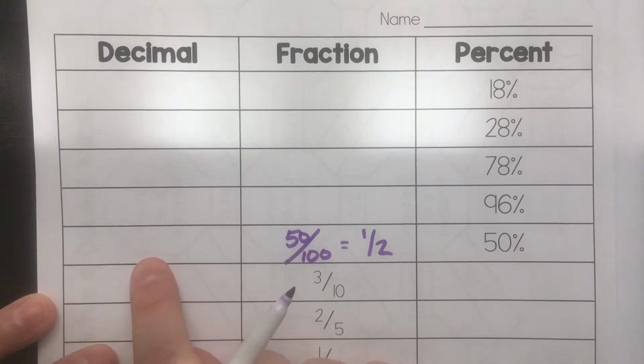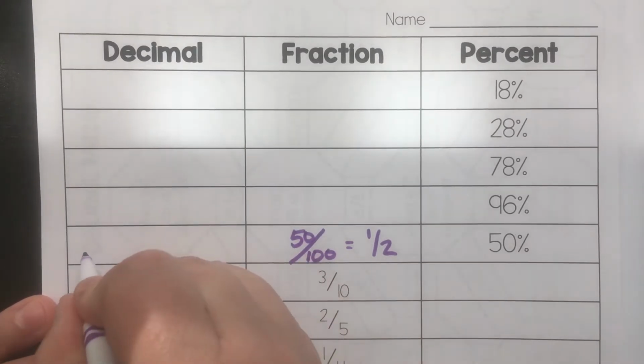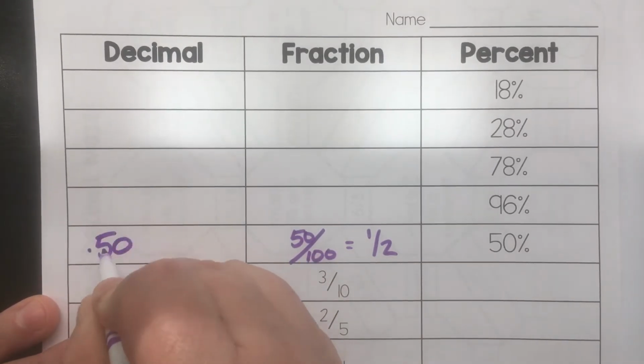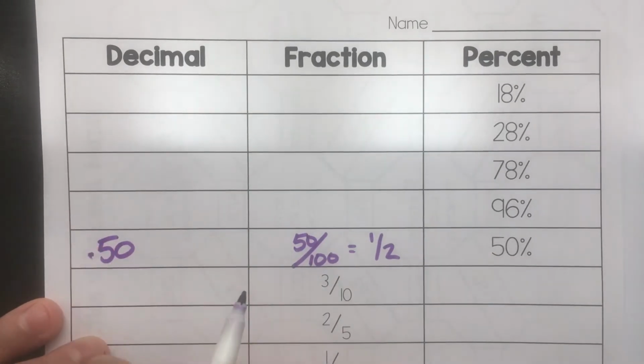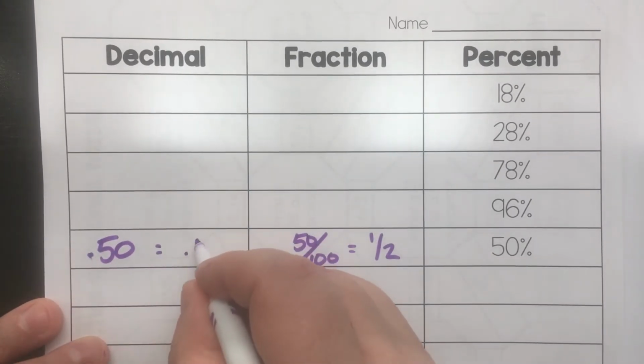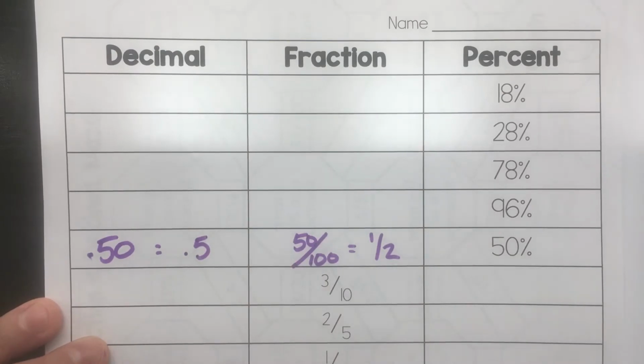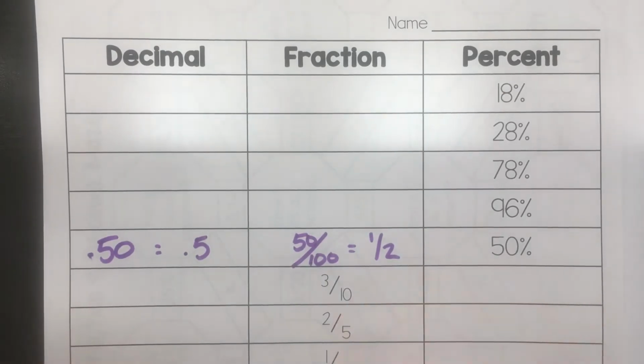Okay? And then the decimal that represents that, 50 hundredths or 5/10.